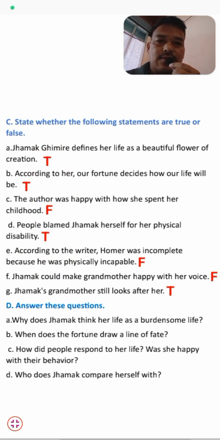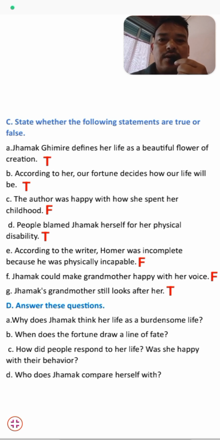First one: Jhamak Khimire defines her life as a beautiful flower of creation. In the first line of the first paragraph, it is mentioned that she expresses life as a beautiful flower of creation. It means this is a true statement.